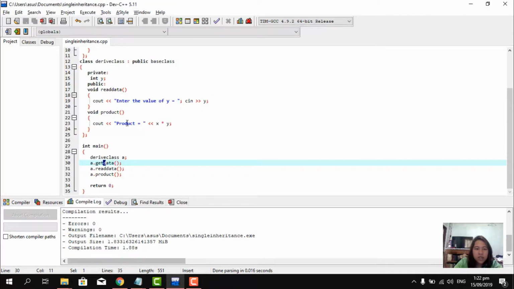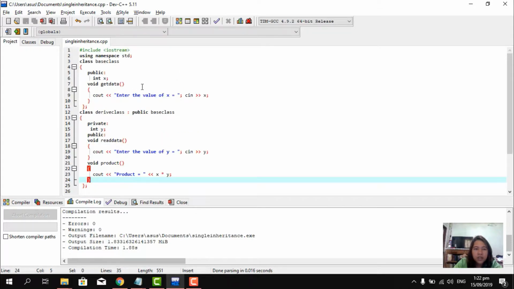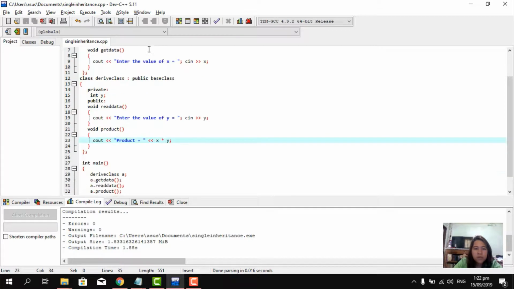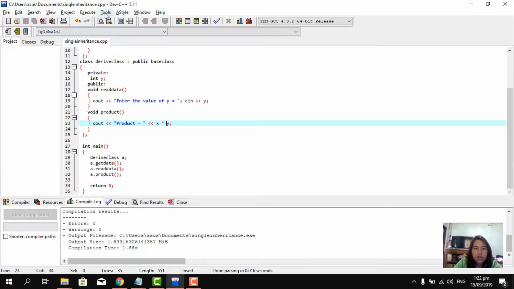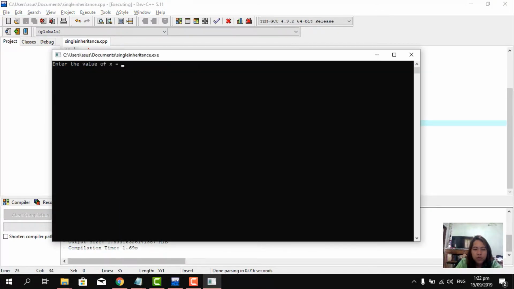In the derived class, it is x times y, so if you input some integer in x, it will multiply in the derived class. So 2 times 2 equals 4.